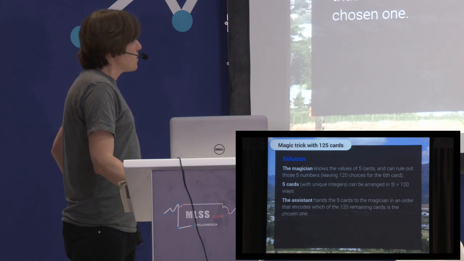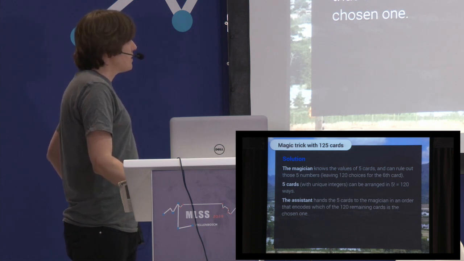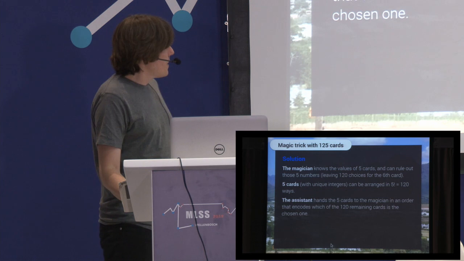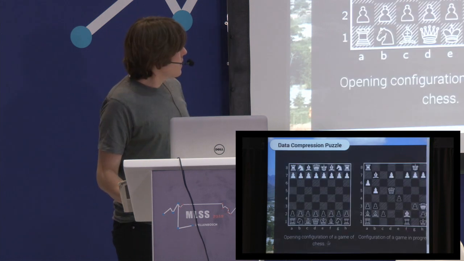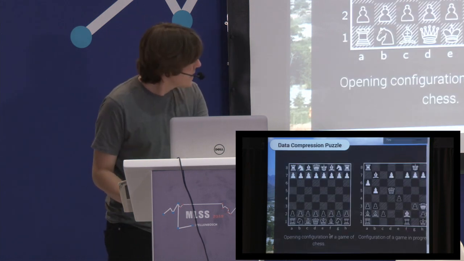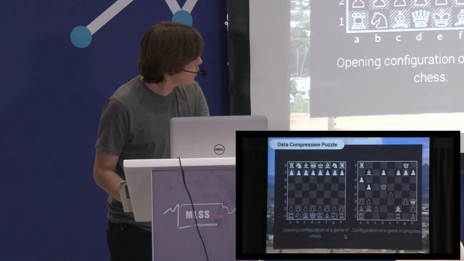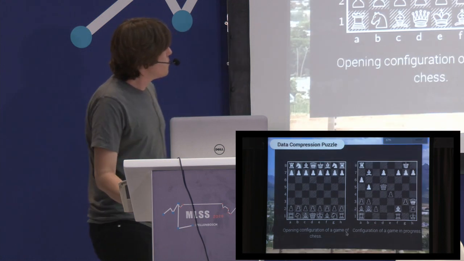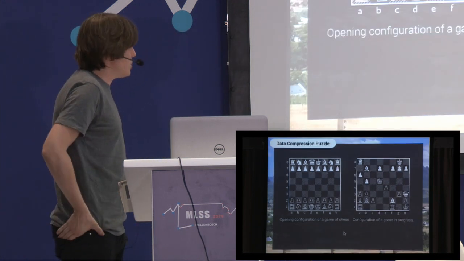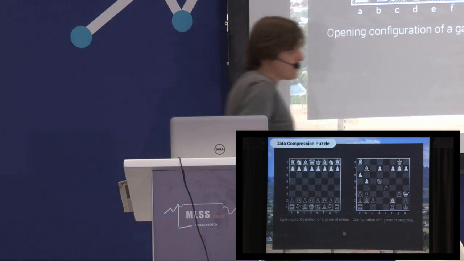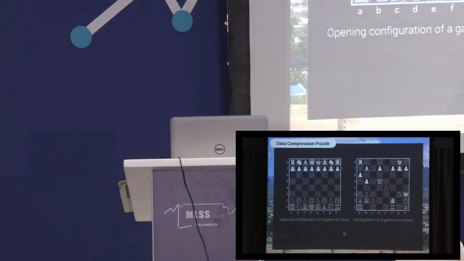All right, but we were going to talk about compression, and the next thing on the cards is a little compression puzzle. So here is a chessboard, and independently of whether you know chess or not, the game is going to be as follows. I want you to devise a code that communicates the state of one chessboard as compactly as possible to another person.